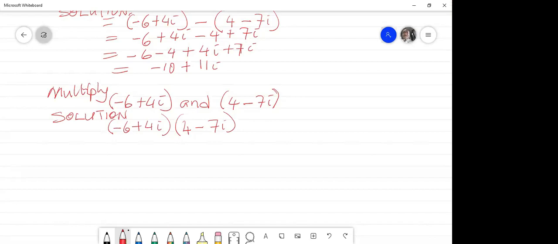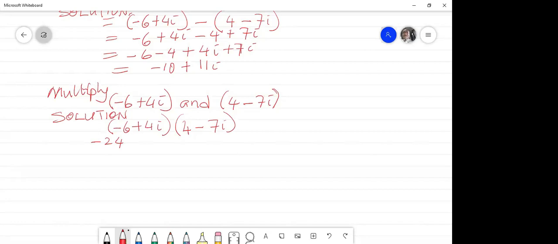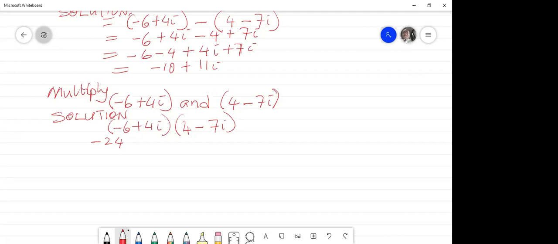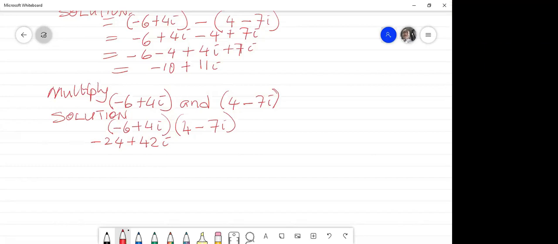Negative 24. And then you multiply negative 6 times negative 7i, which would be negative 42i. Negative times negative is positive, I mean positive 42i. So it should be positive 42i. My bad. Yes, no problem. Then continue.